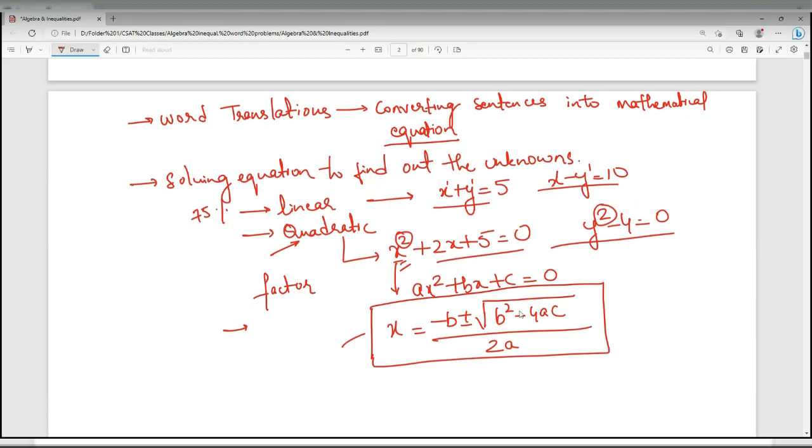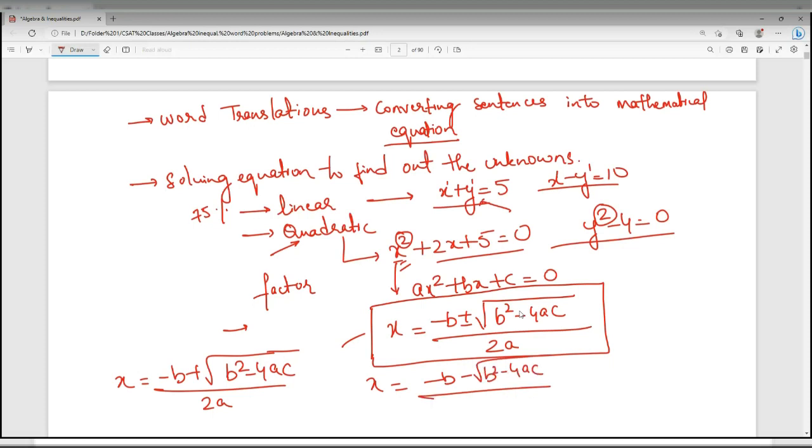In this case, one value of x is minus b plus root of b square minus 4ac, by 2a. And there are two values here because the power is 2, whereas for a linear equation there is only one value for a variable. The other x is minus b minus root of b square minus 4ac, upon 2a.